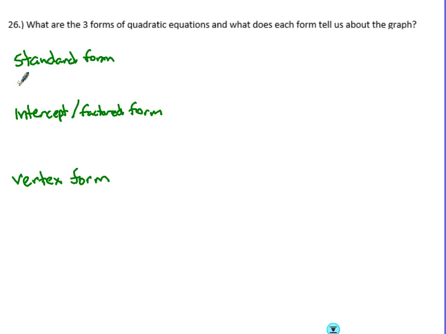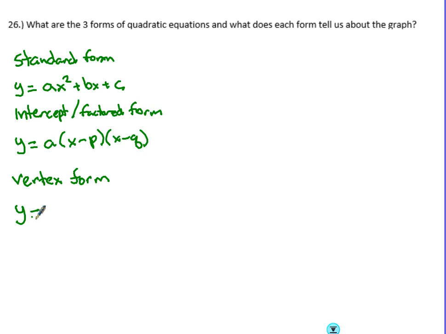Standard form is the equation written as y is equal to ax squared plus bx plus c. Intercept form is y equals a times x minus p times x minus q. And vertex form is a times x minus h squared plus k.